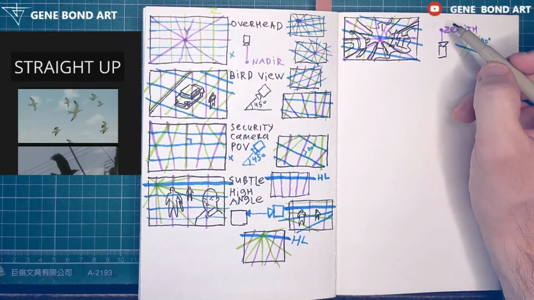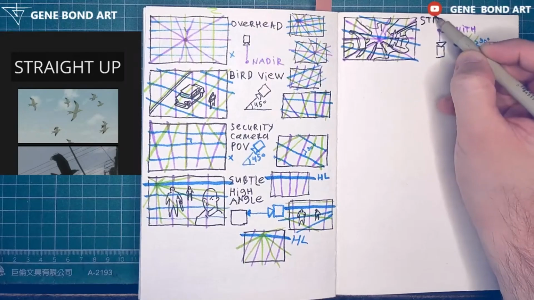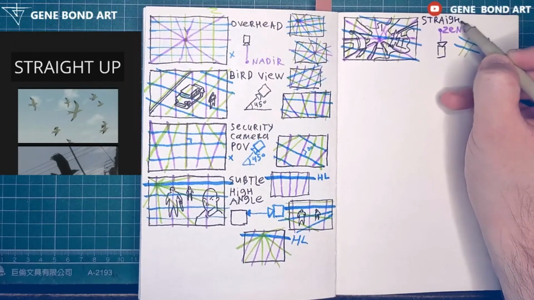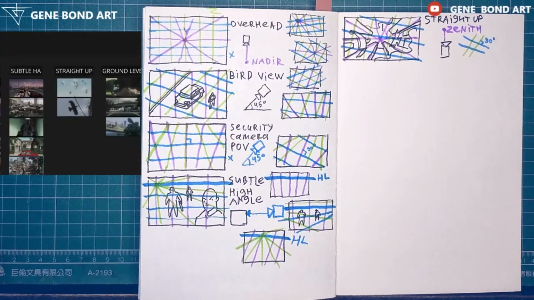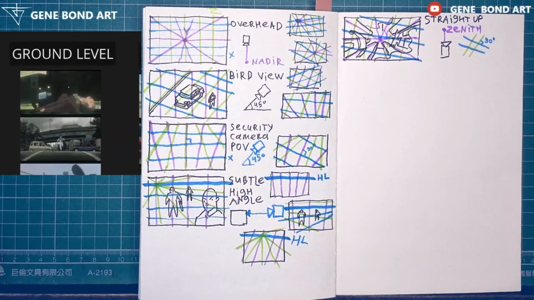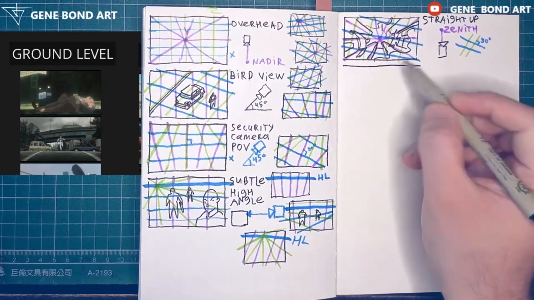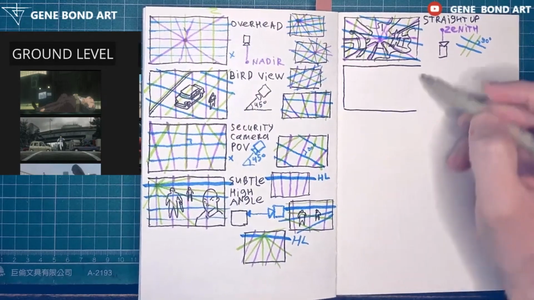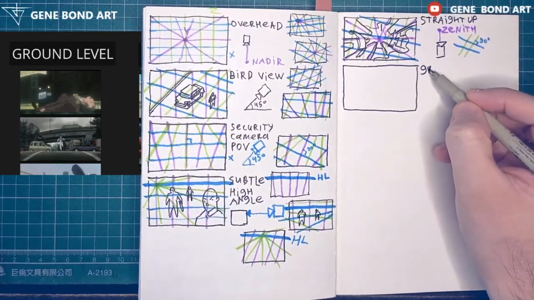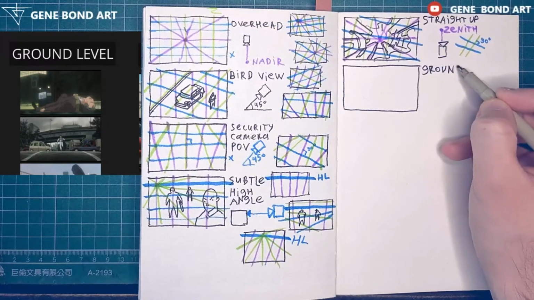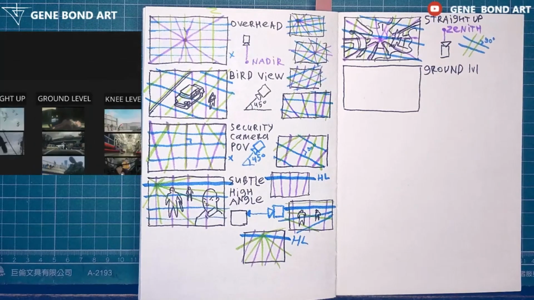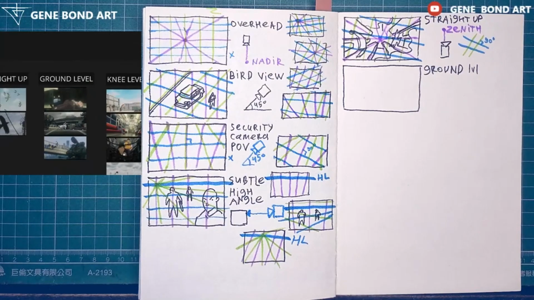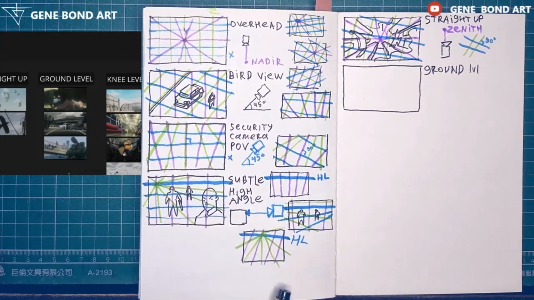So let's go straight up. So then upshot, call it ground level. So it's similar to subtle high angle, but opposite.